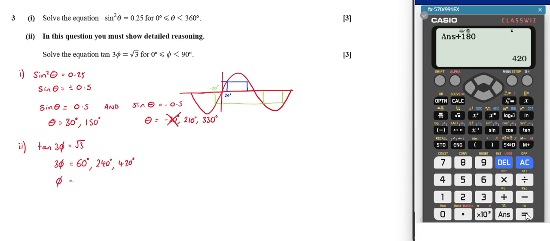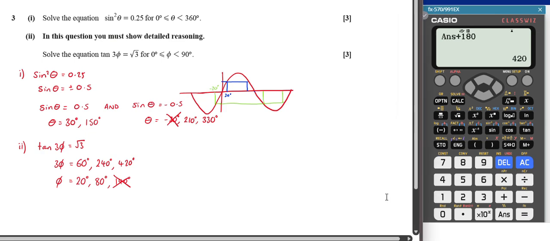So phi is 60 divided by 3, that's easy, that's 20. 240 divided by 3, that's 80 degrees. And 420 divided by 3 is going to be 140. That is not in the range that we're looking for, so I'm going to ignore it. I've just got the two solutions, 20 and 80 degrees.